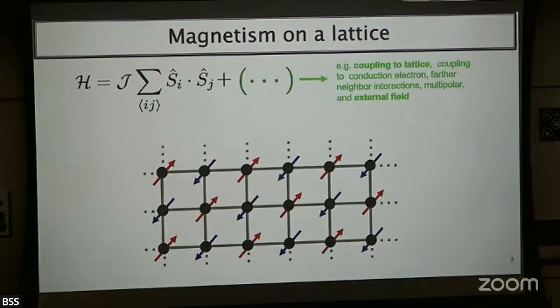Coupling to the lattice, coupling to conducting electrons, but thankfully, as we're dealing with an insulator, we don't have to worry about that. And Dzyaloshinskii-Moriya interaction, that's very important when you're looking at the spin wave spectrum. And multipolar, not just dipolar, but quadrupolar, octupolar interactions. And the external field, for example, is also inside of it, right?